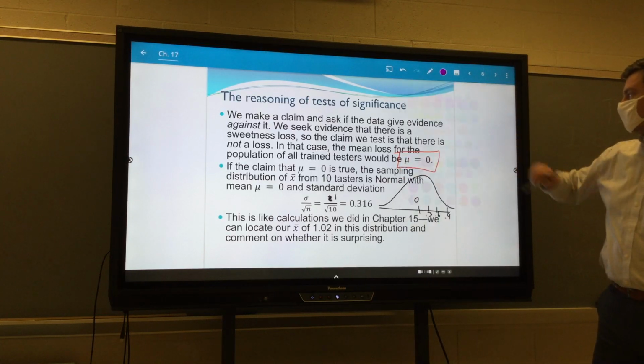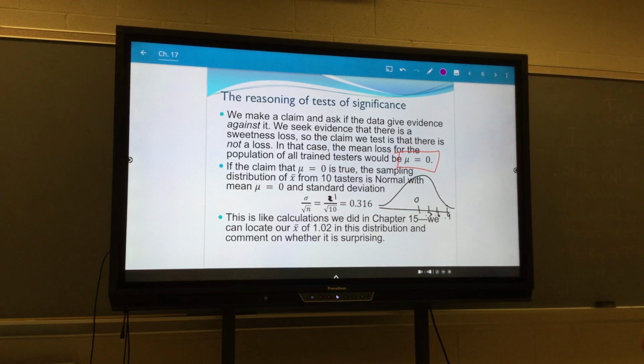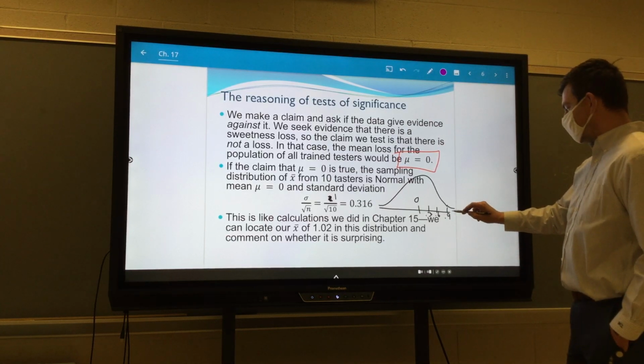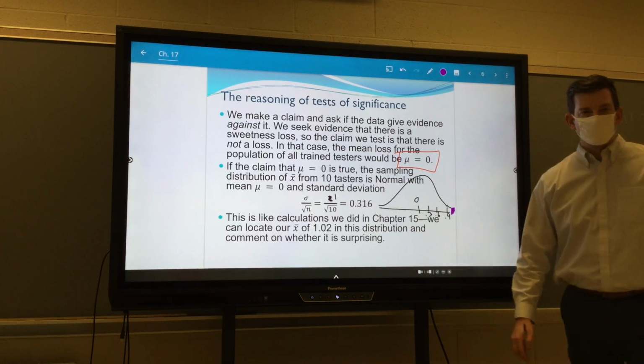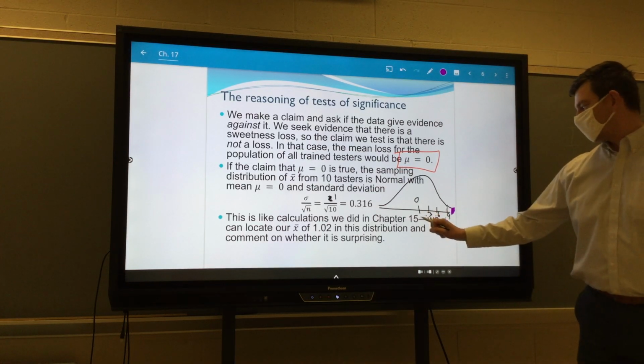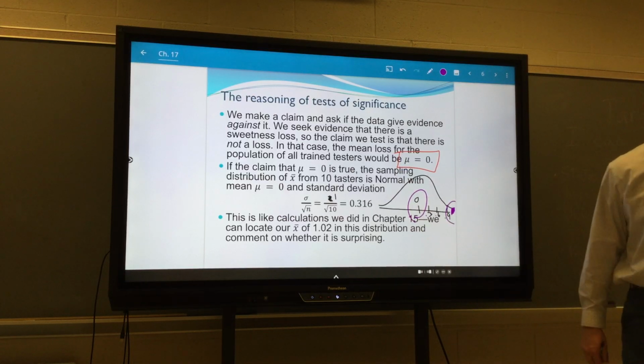Our sample's mean was 1.02, which would be out here somewhere. What's the probability that we expect this and we get this?